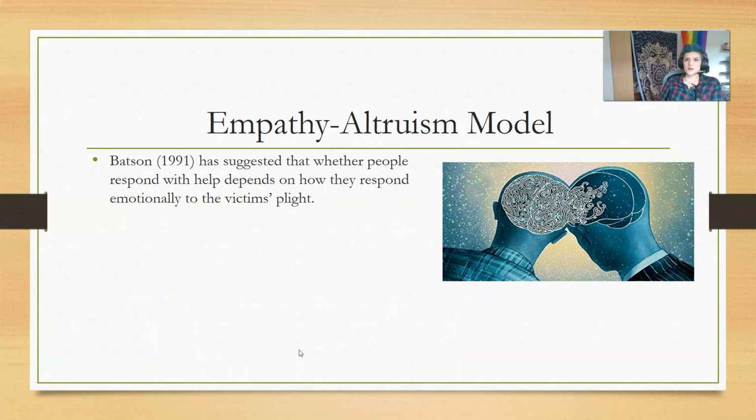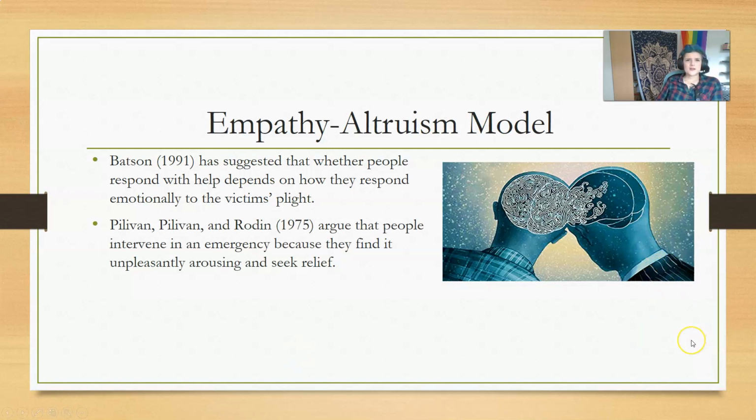The next model of helping behaviour is the empathy-altruism model. Now, this was considered by Batson in 1991, and they suggested that whether people respond with help depends on how they respond internally, emotionally, to the victim's plight.